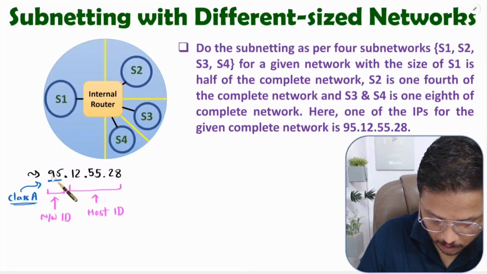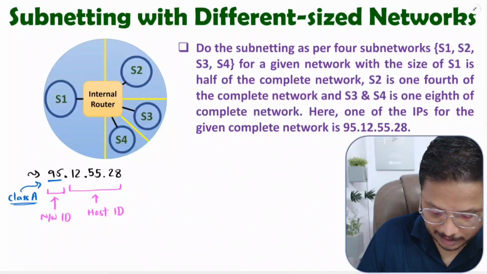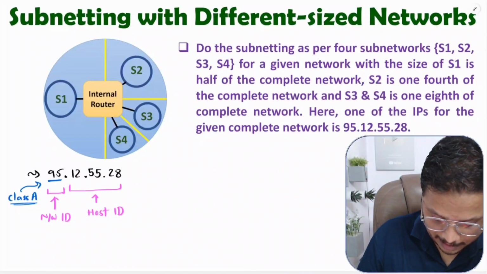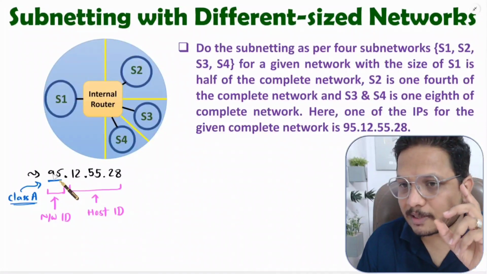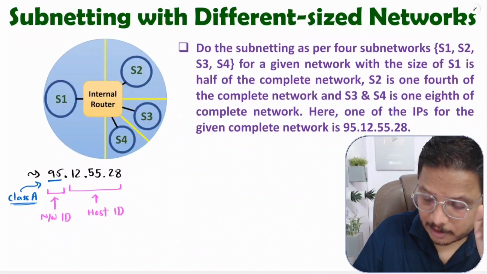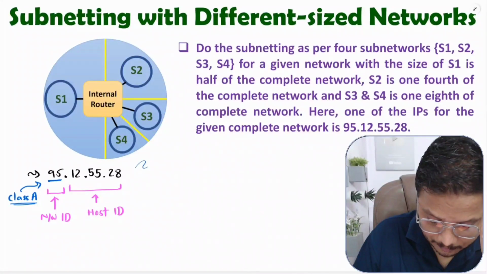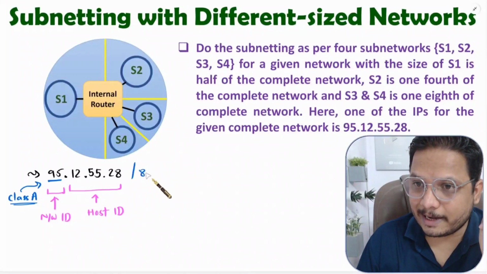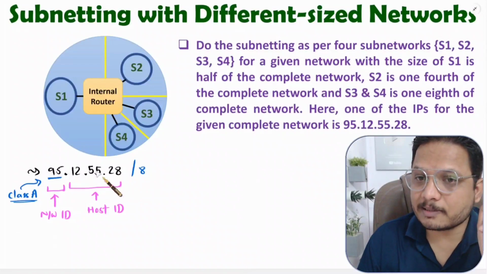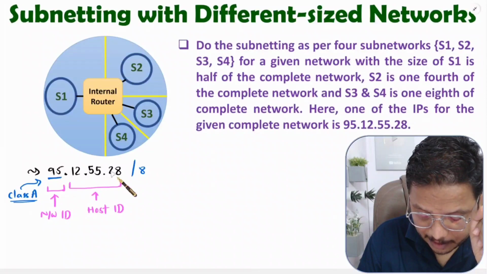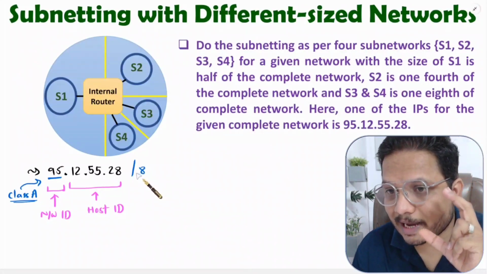As the network ID has 8 bits, since an octet means 8 bits, you can say it has a mask of 8 bits. So it is /8, that kind of IP. /8 means that with this given IP, the mask has a size of 8 bits.